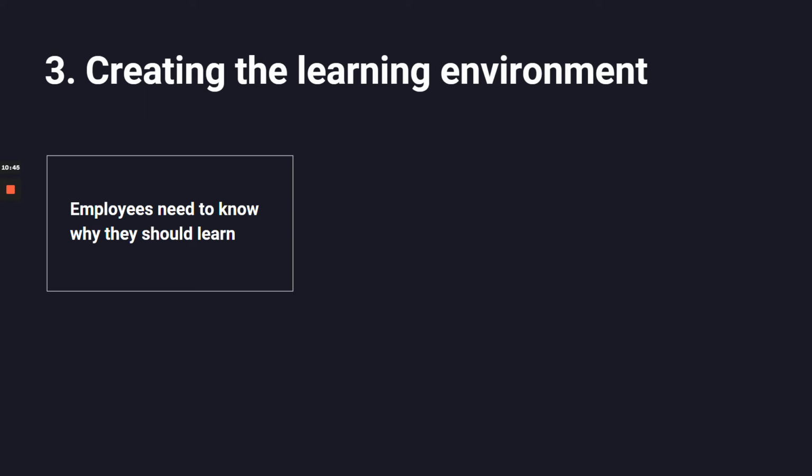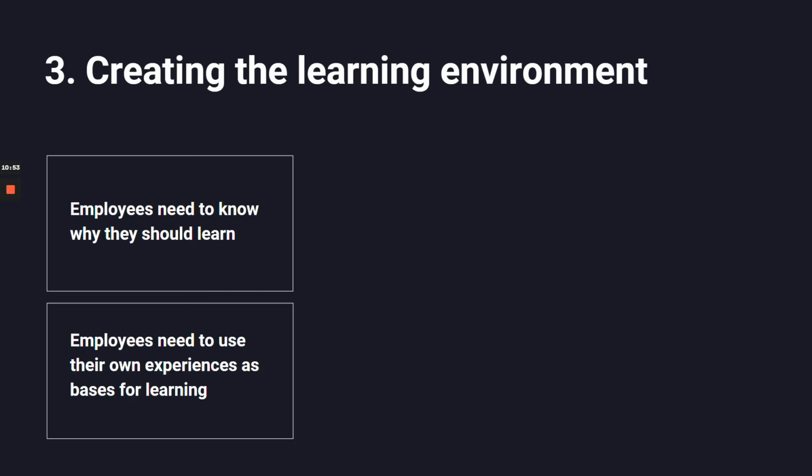The objective and the purpose of the training must be made clear to the employees so that they will be motivated to attend. Second is employees need to use their own experiences as basis for learning. Meaning, training could be meaningful if you can link it to your current job experiences and your tasks.